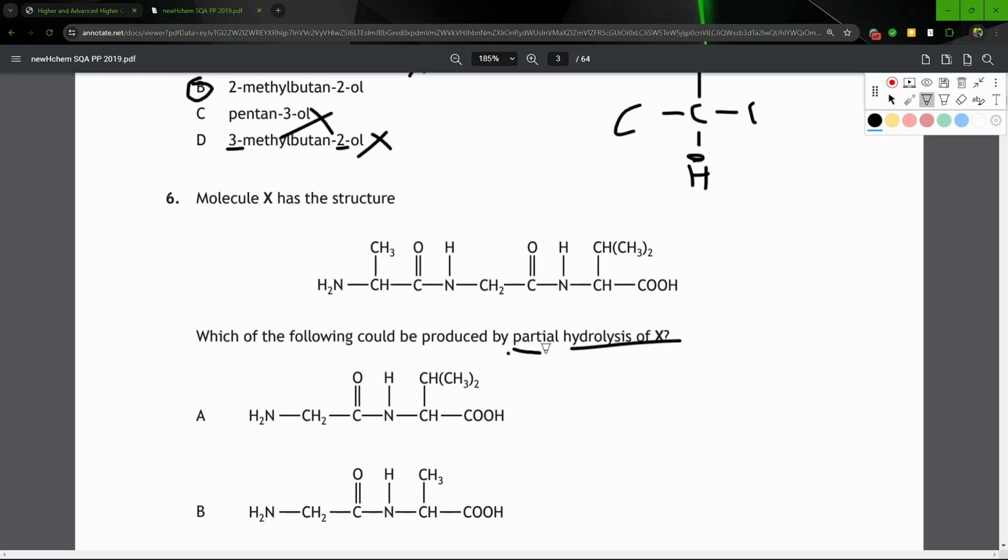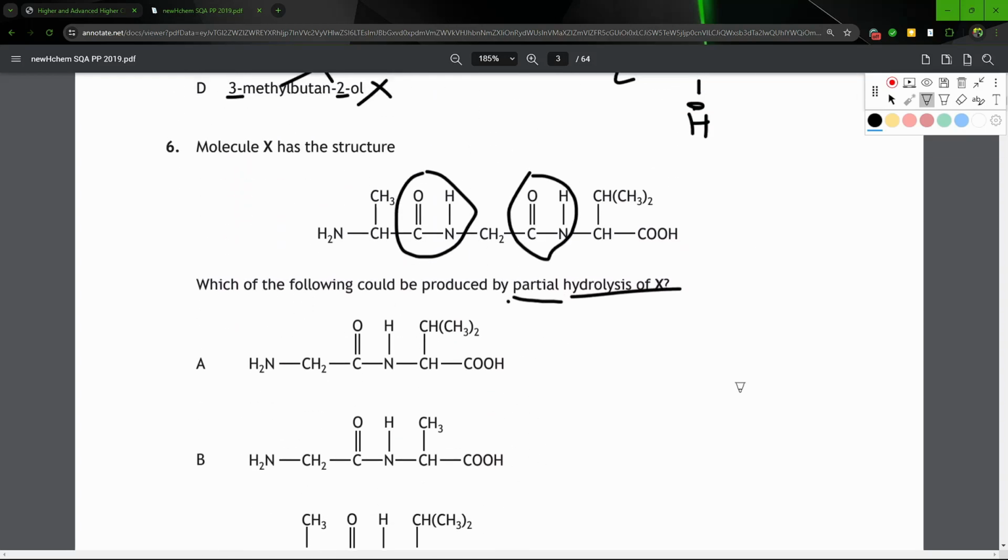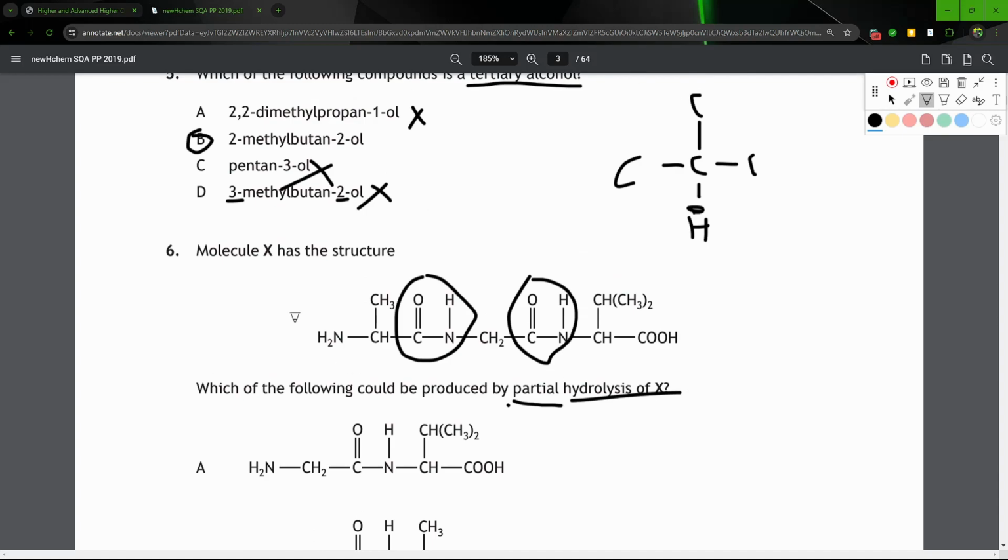So instead of splitting it completely, we're only going to split 1 or 2 bonds, because I see here we've got 2 amide links. Since it's only partial, we're only going to cut 1 of these, which is why in our diagrams you see that there's still 1 remaining. So we have to find molecules that can be caused by either one of these getting split.